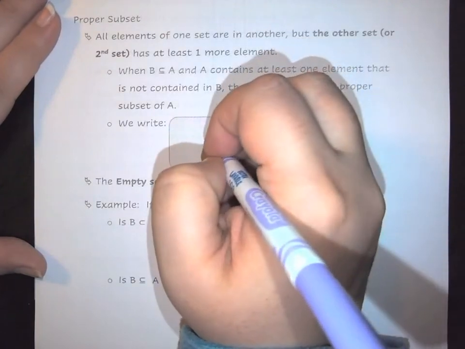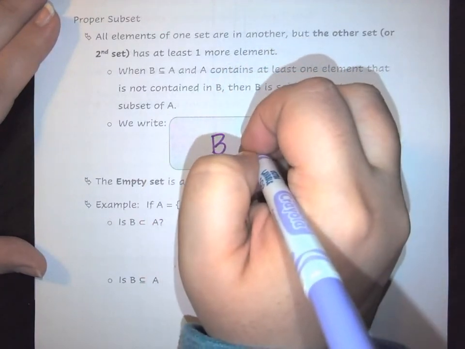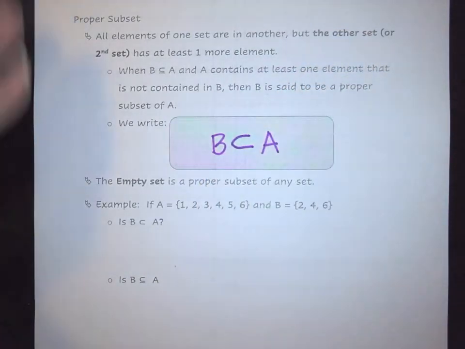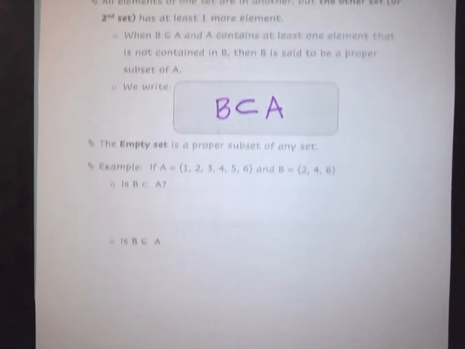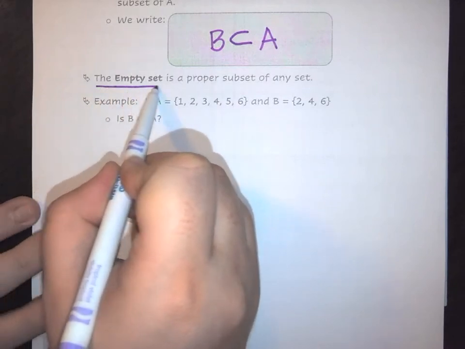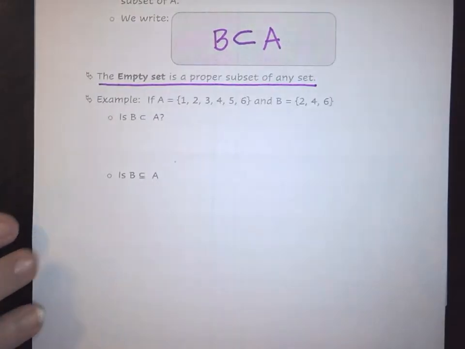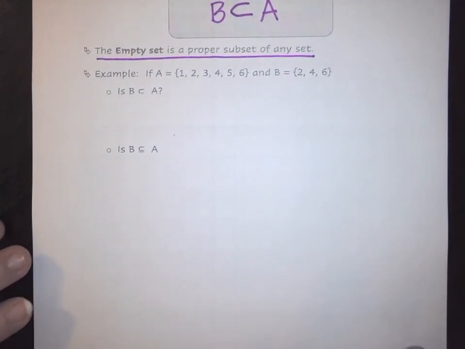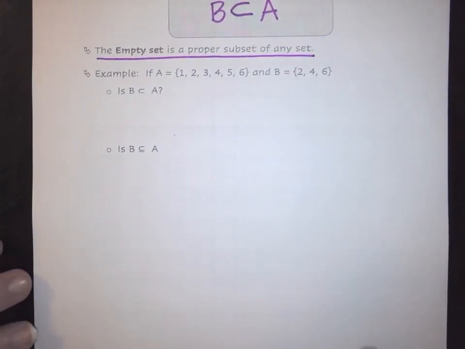So we say B, draw that little squished C, A. Now again, the empty set can be a proper subset of any set as well. So just keep that in mind when we're dealing with sets.